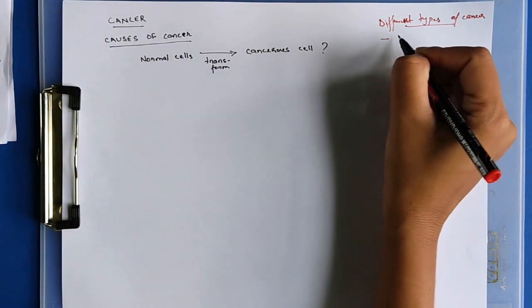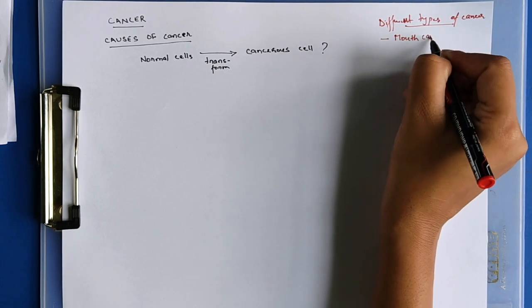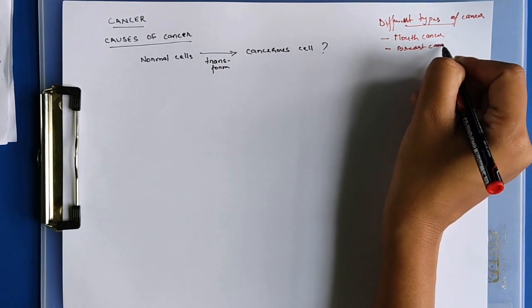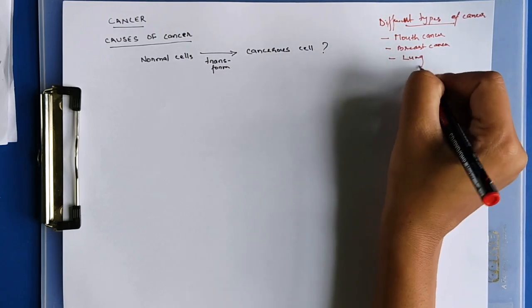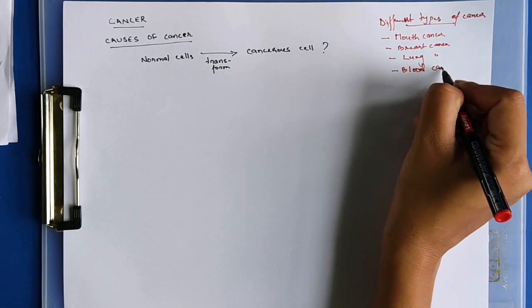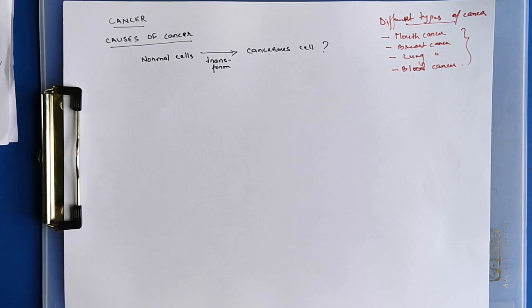Very common examples would be mouth cancer, breast cancer, lung cancer, and blood cancer. These are the different types of cancer, and this depends on the type of cell which is initially infected.